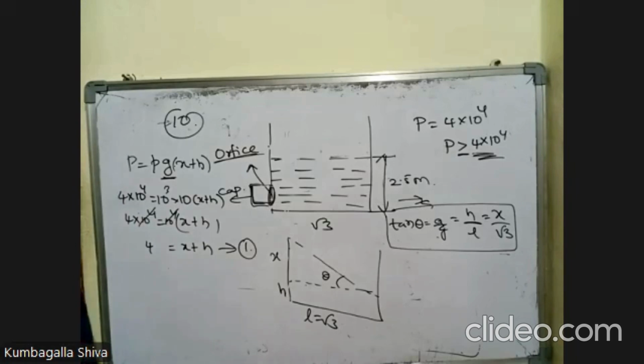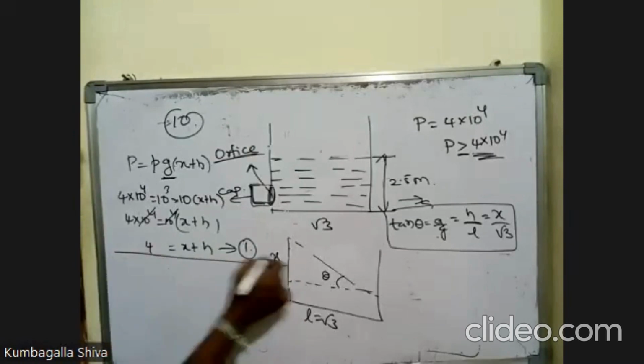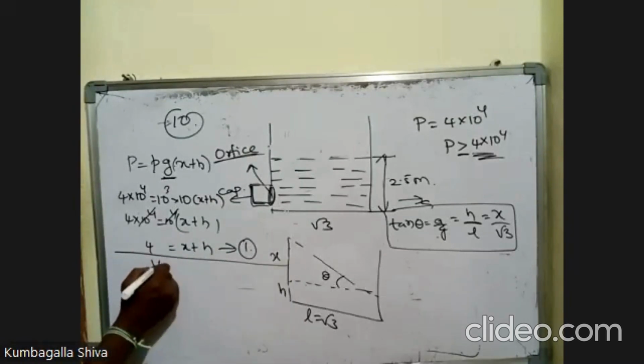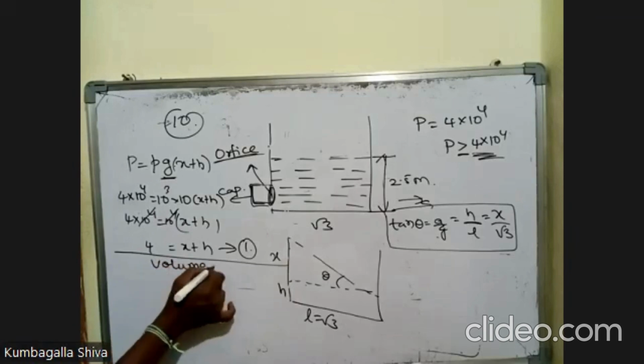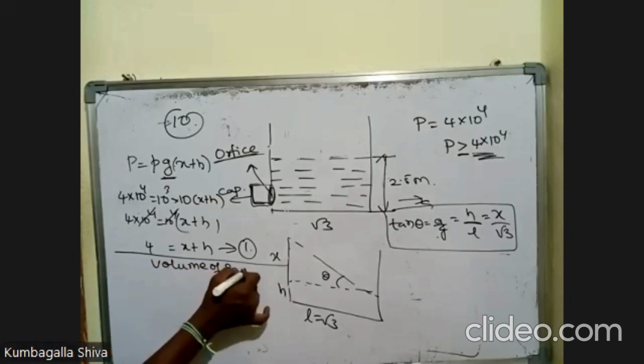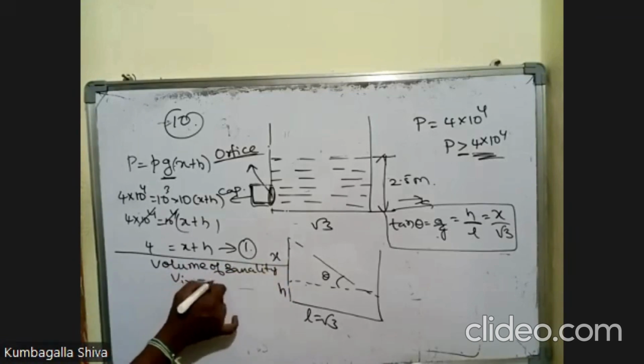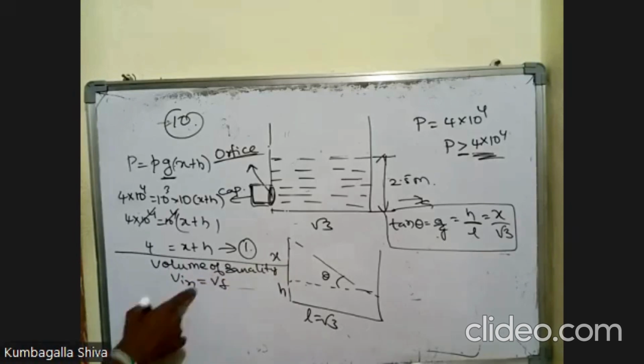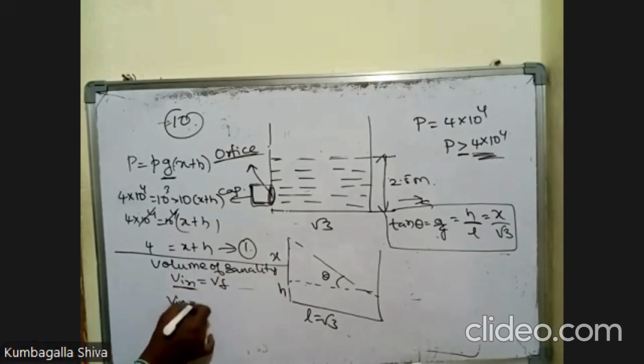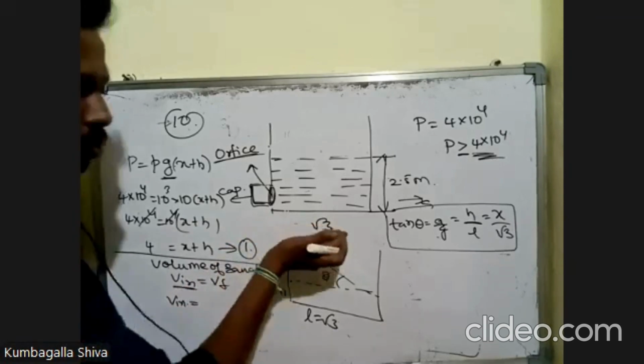Okay, right. Now the next step is, according to volume equality, V initial is equal to V final. So the steps here: we first find V initial. At the base initially, it is root 3.